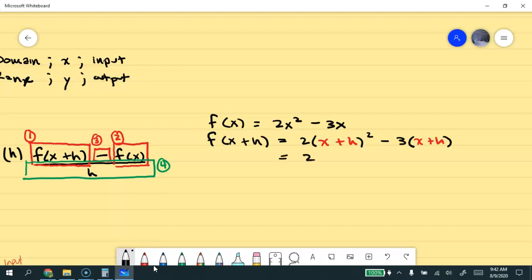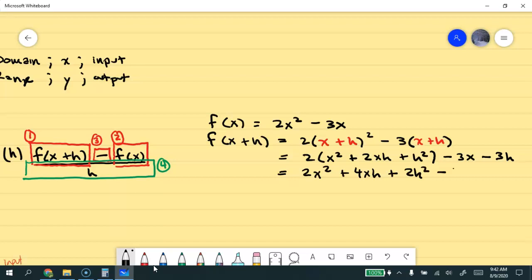This is going to become 2 times x squared plus 2xh, or some people say hx, plus h squared, minus 3x minus 3h, like this. And then simplifying that just a little bit further gives you 2x squared plus 4xh plus 2h squared minus 3x minus 3h. Notice how none of that can simplify, but this was step number 1, okay?